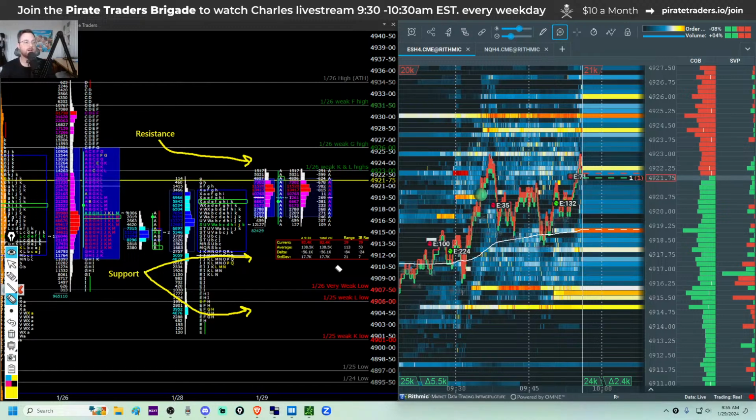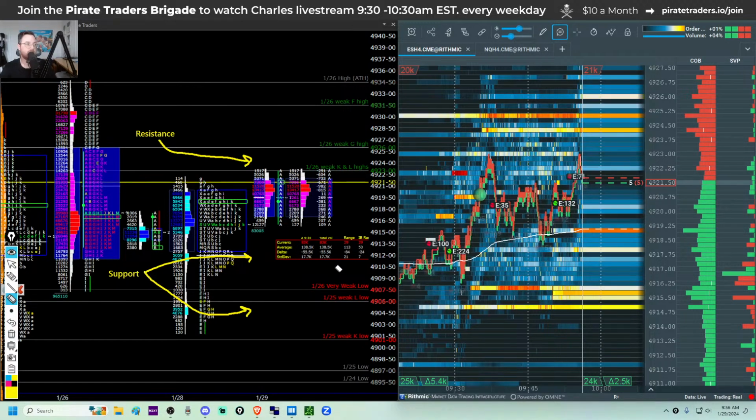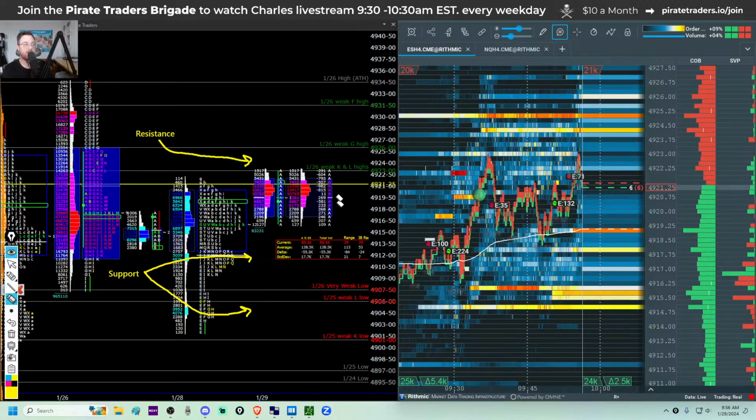What if we poke up there and all of a sudden the shorts start to cover? Still wouldn't get me bullish. Got to see the real buying at that overnight high before I can trust it. Because we are just set up for chop. We are set up to whipsaw. That is to convince people to go long right now so that when they come back down, they can just wipe them all out.